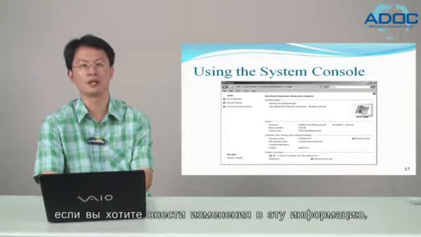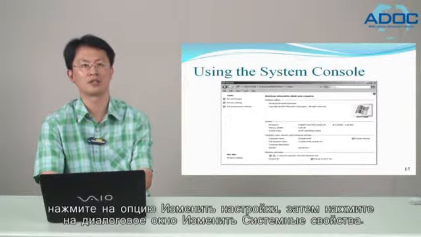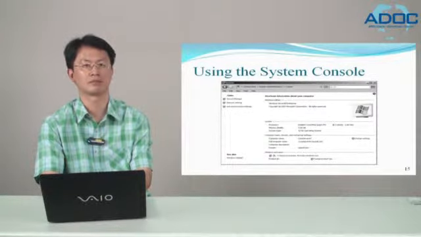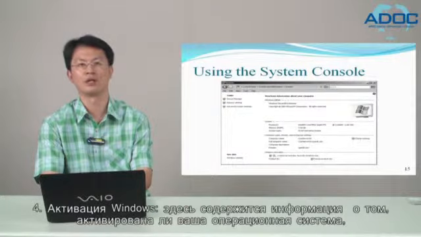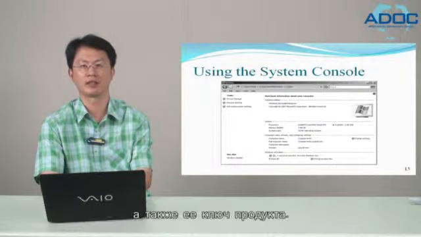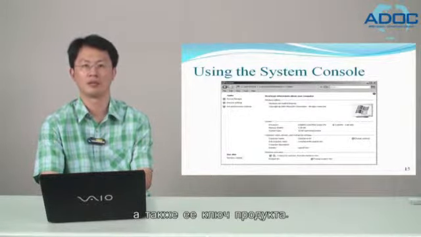If you want to change any of this information, click Change Settings and then click Change in the System Properties dialog box. Fourth, Windows Activation shows whether you have activated the operating system and the product key.